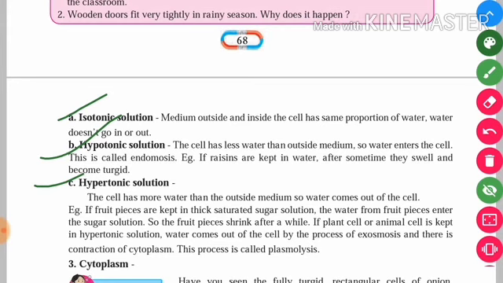So the fruit pieces shrink after that. If the plant cell or animal cell is kept in a hypertonic solution, the water comes out from the cell, the process of exosmosis, and there is contraction of the cytoplasm. This process is called plasmolysis.